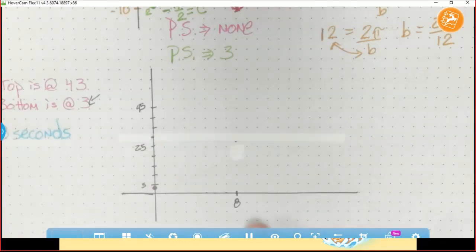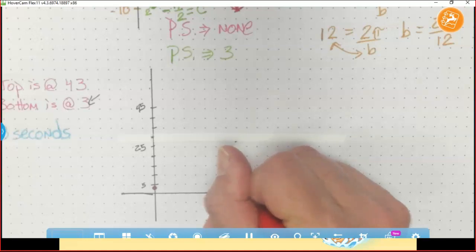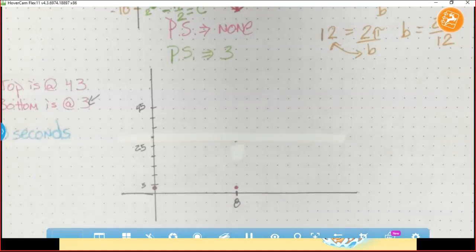Cool? At 8 seconds, where am I? I'm at the end. So I'm right back here where I can get off. Agreed? When do I get to the tip top? No, I am at 43 at the tip top.